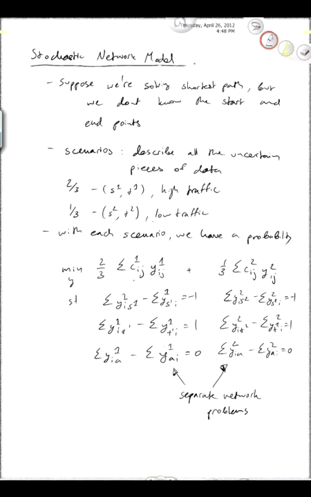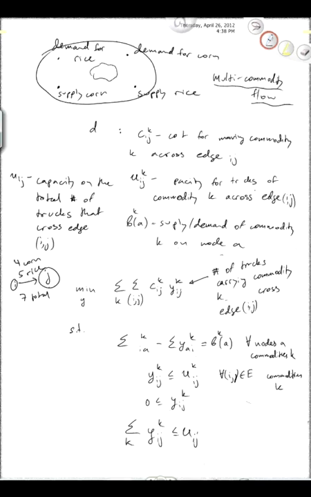And one thing I want to point out about the stochastic network model is that in some sense it's different than these four other ones that we've seen, but it's actually very, very similar to this multi-commodity flow, because in multi-commodity flow, our different scenarios here are just kind of the different commodities.